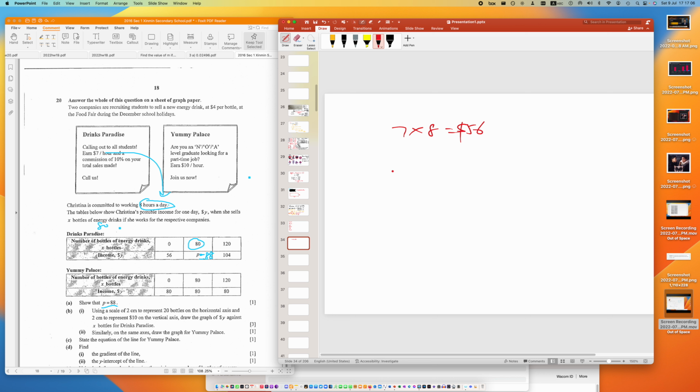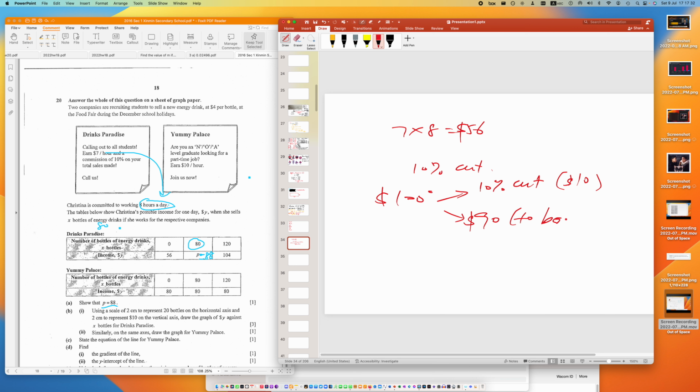Commission means they take a cut, a 10% cut. So if it is $100, 10% of 100 is $10 to your pocket, then only $90 to the boss.